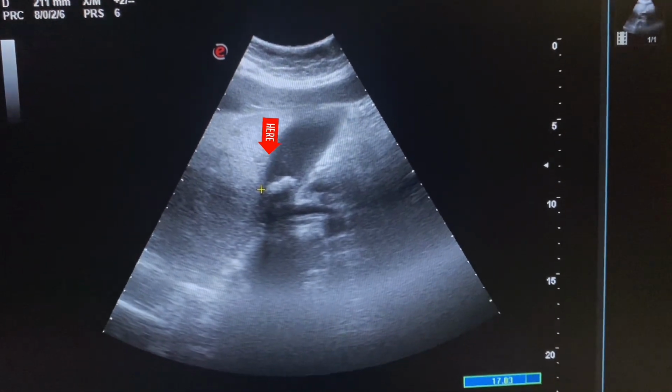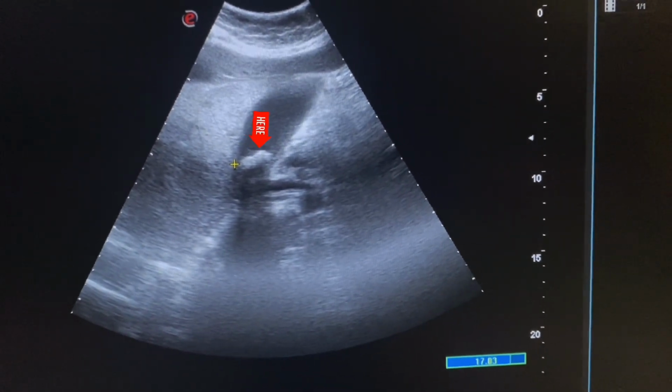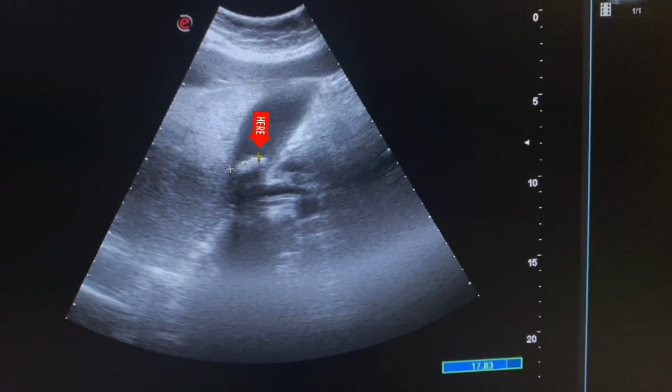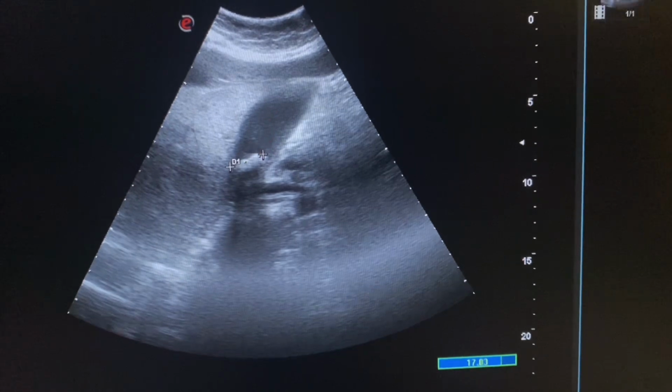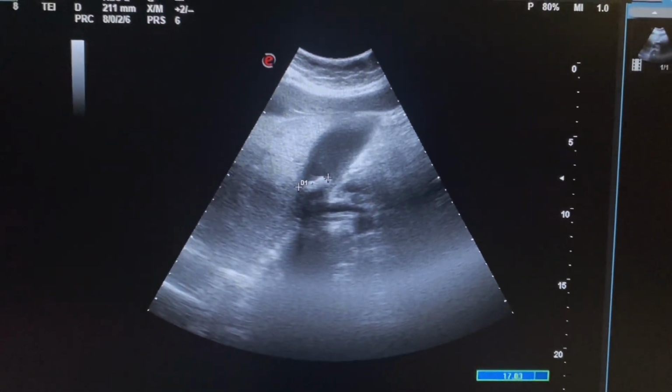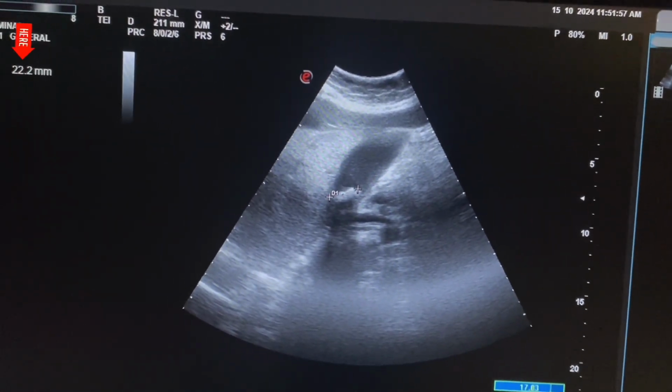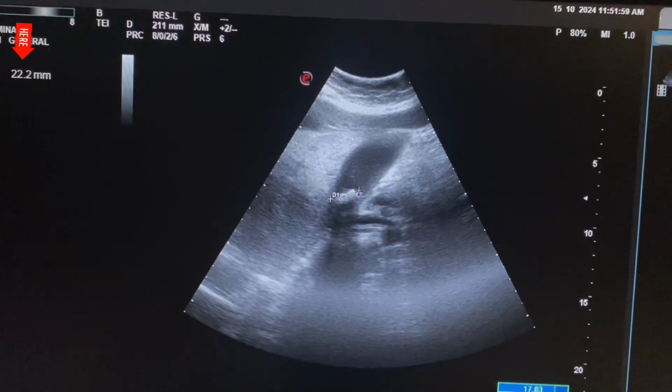Now we measure the size of calculi. The two calculi lie adjacent to each other. The collective size of the two calculi is 22 millimeter.